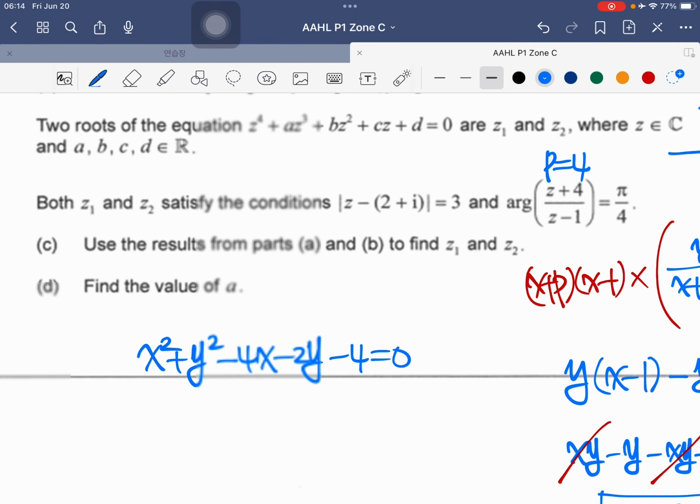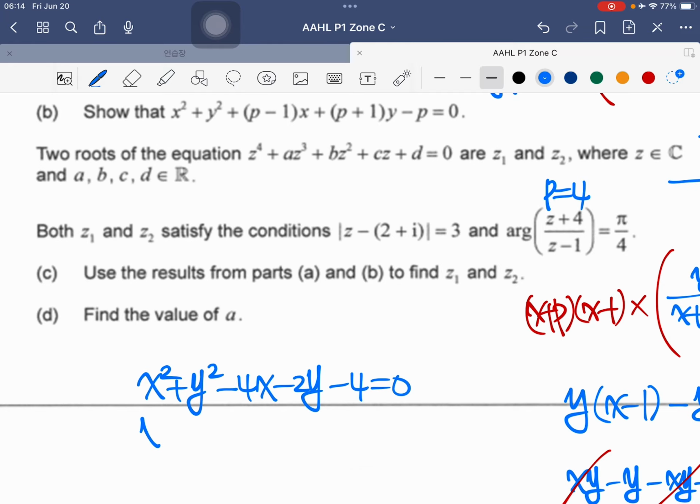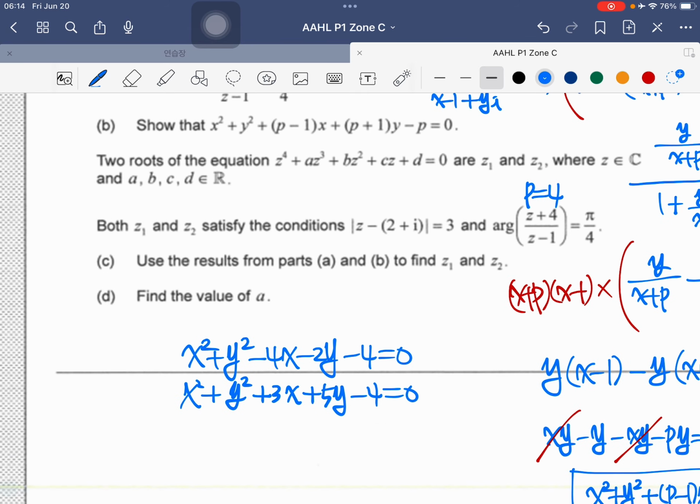And the second equation, when p equals 4, we got x squared plus y squared plus 3x plus 4 plus 1 is 5y minus 4 equals 0.